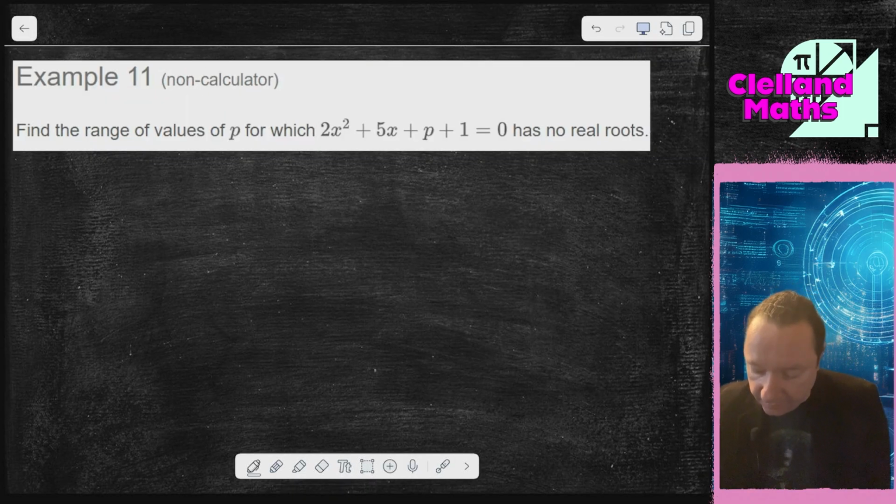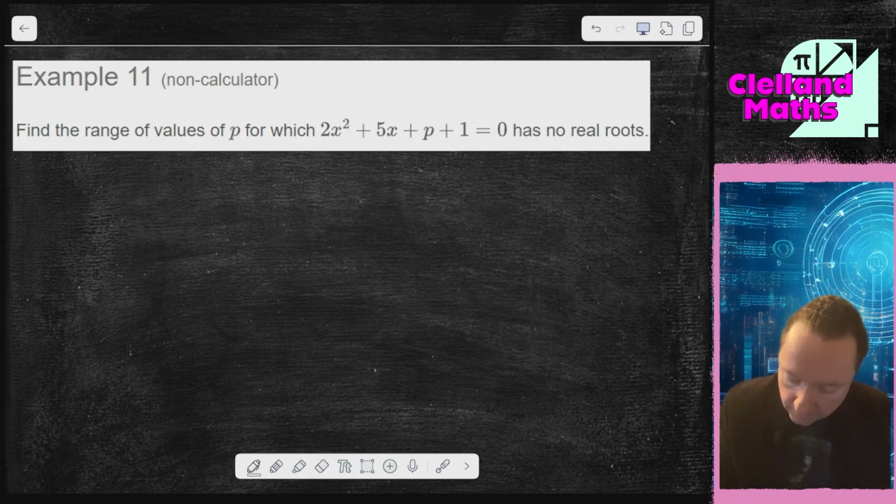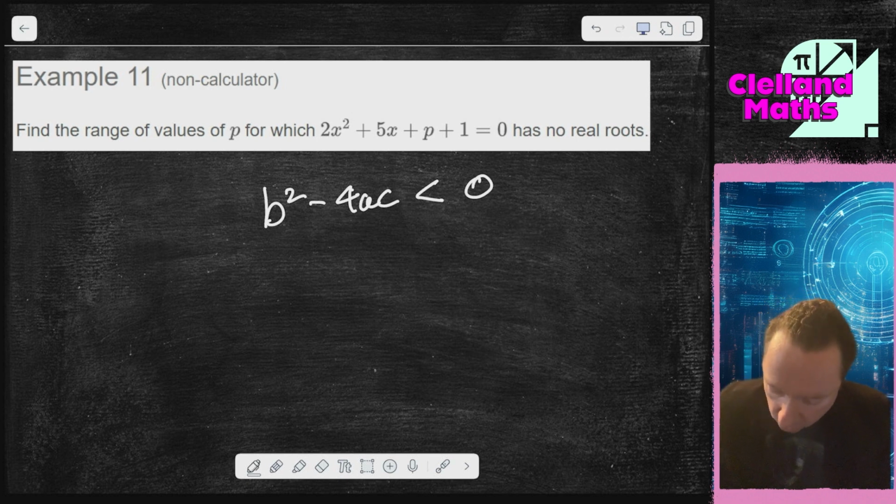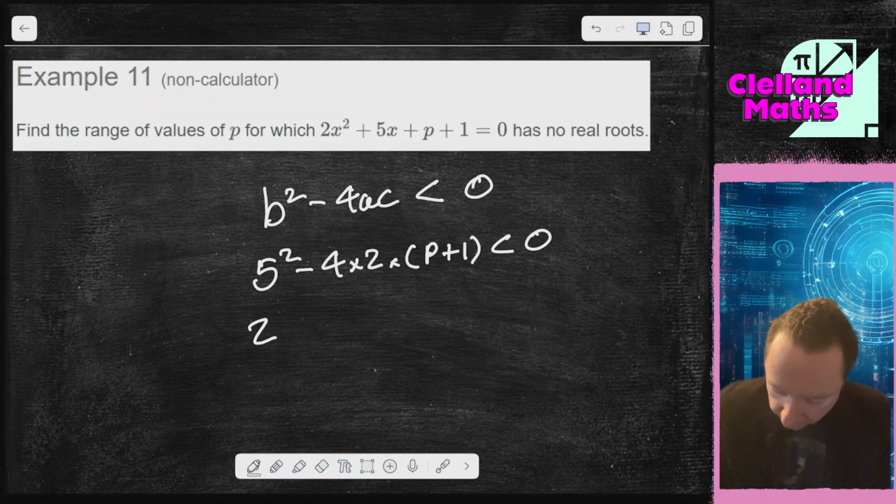Okay, question 11 on quadratics. Find the range of values of p so it has no real roots. B squared minus 4ac then is less than 0 for no real roots. So our b is 5, minus 4 times 2 times p plus 1. 25. 4 2s is 8.